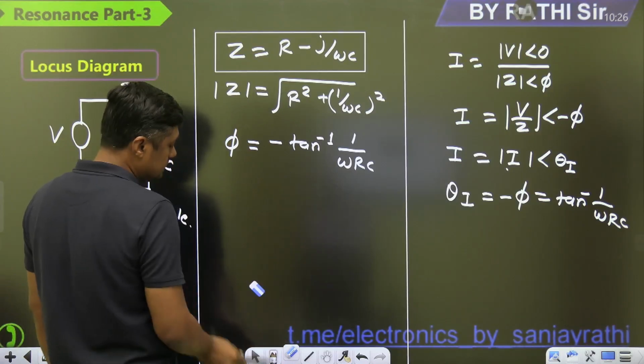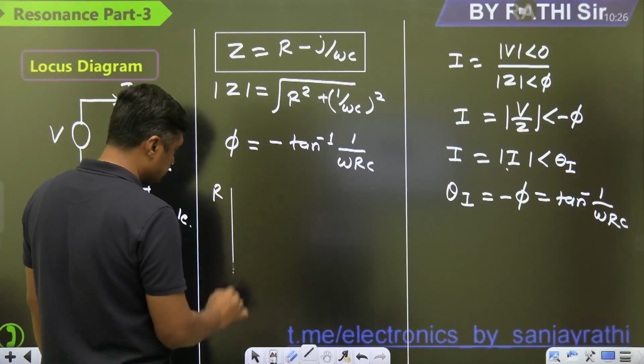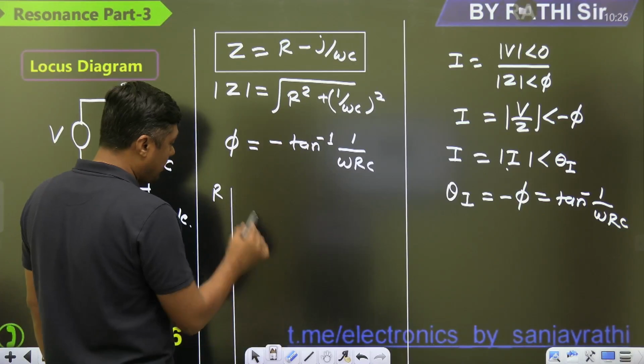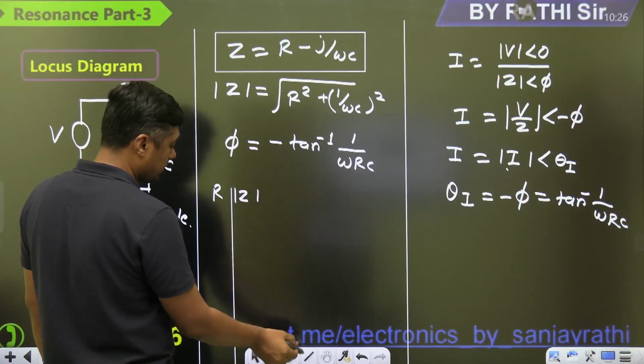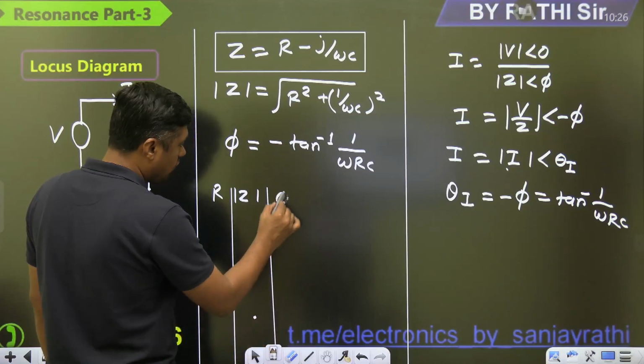Now, if R is variable, then what about the magnitude of Z? What about the phi?